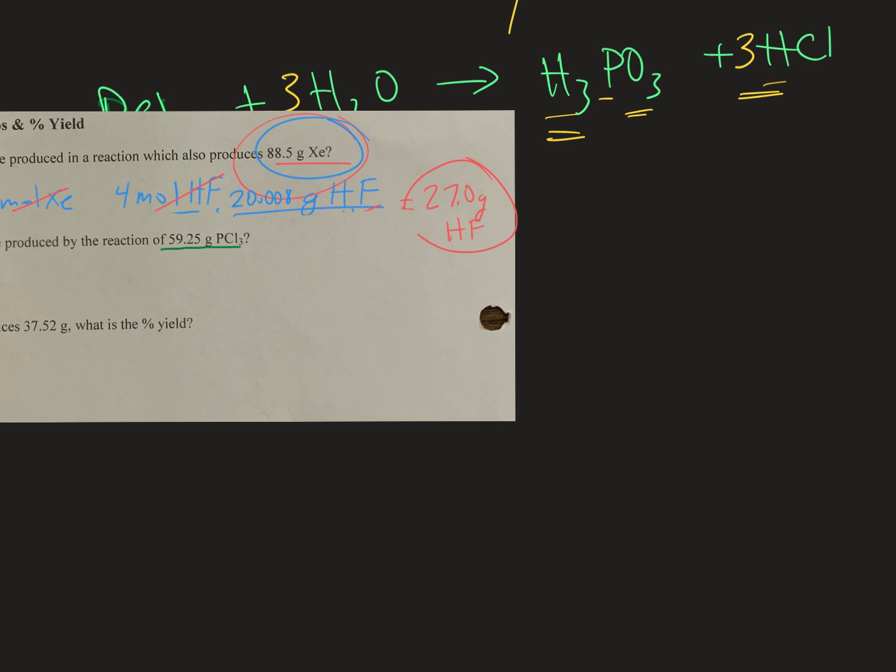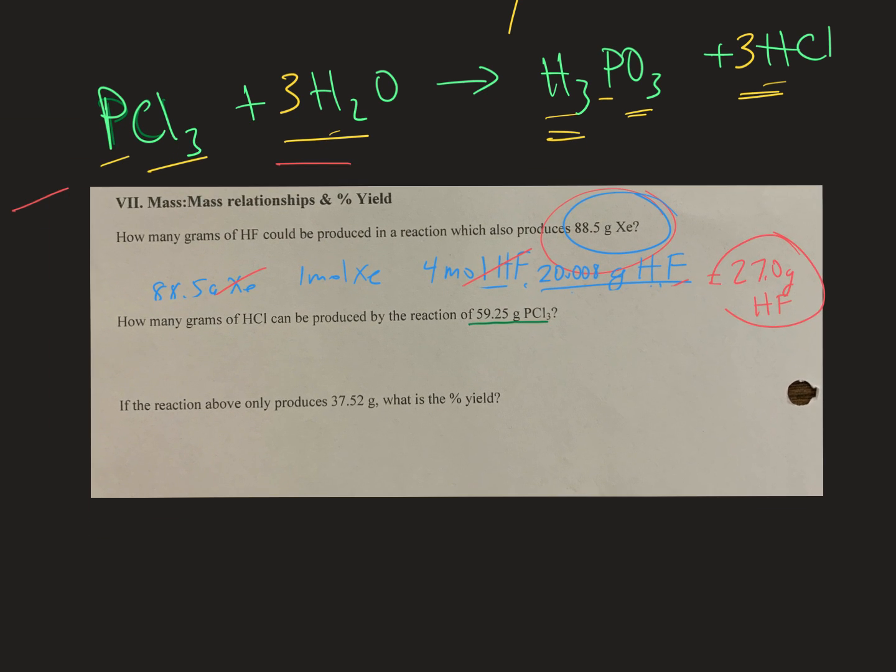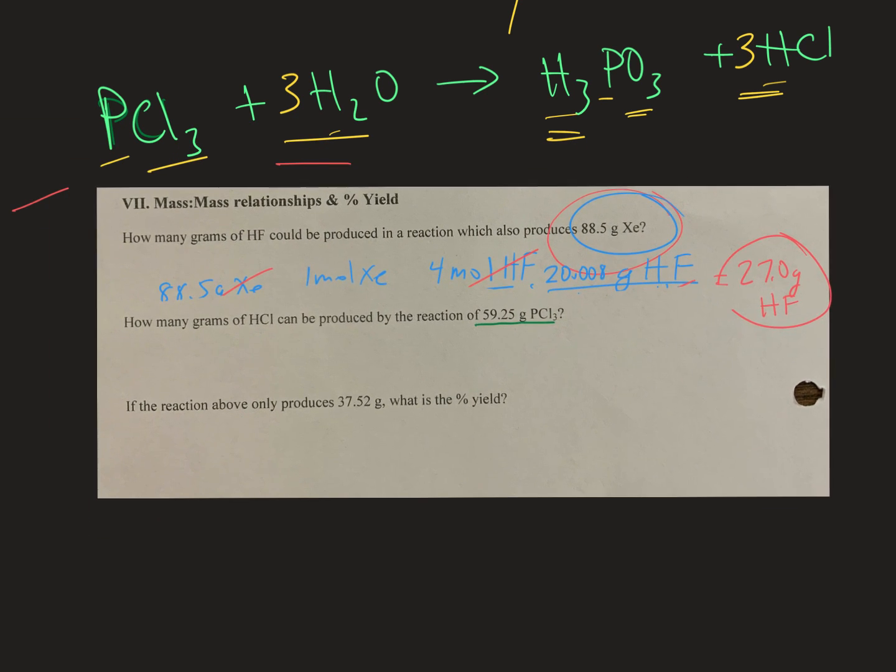Oh. It's okay. Calm down. Okay, here we go. So I'm looking for grams of HCl, and I know I have 59.2 grams of PCl3. And I have my balanced equation.